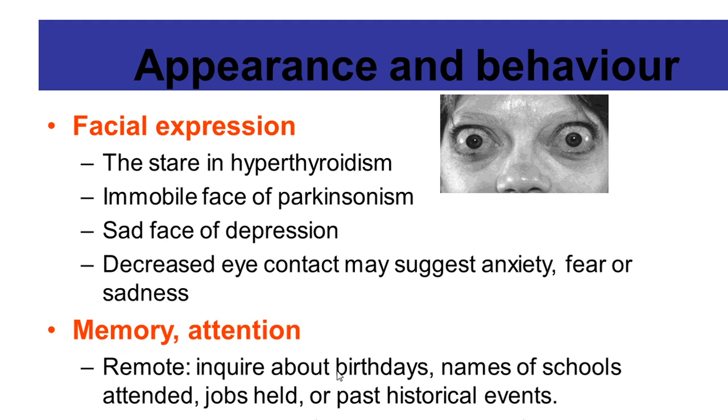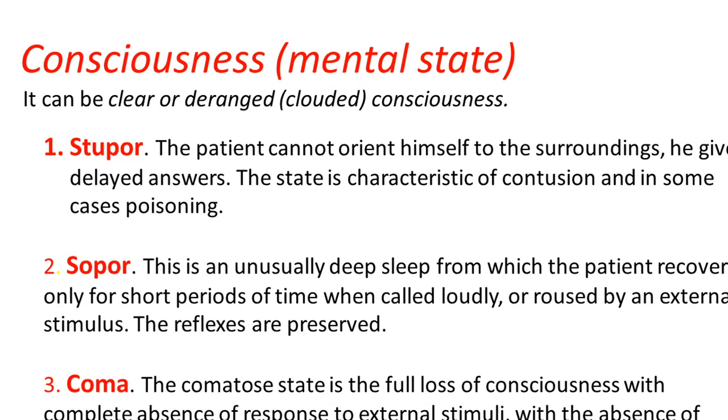Also, you should assess the memory and attention of the patient. Inquire about birthday, names of school attended, jobs held, or past historical events. This is remote memory. Recent memory and attention you assess by using questions like the actual date, which day is it today, and so on.